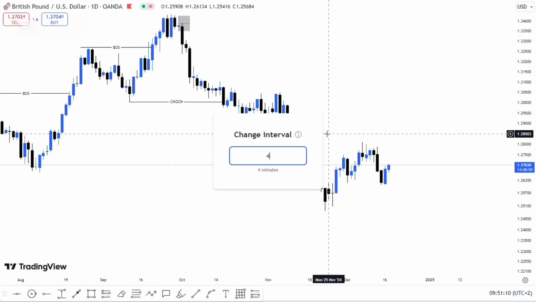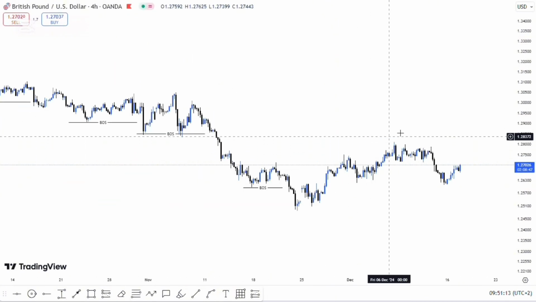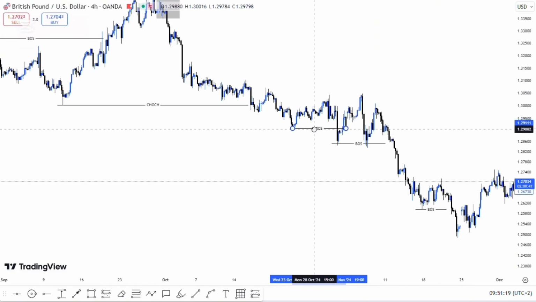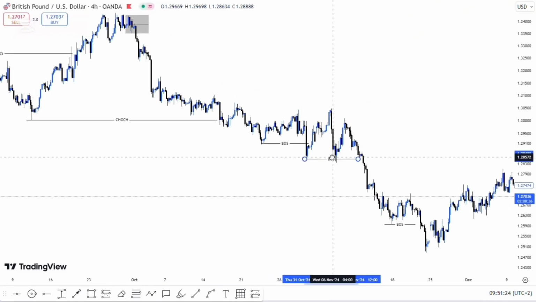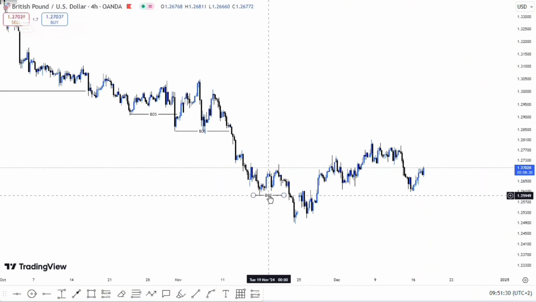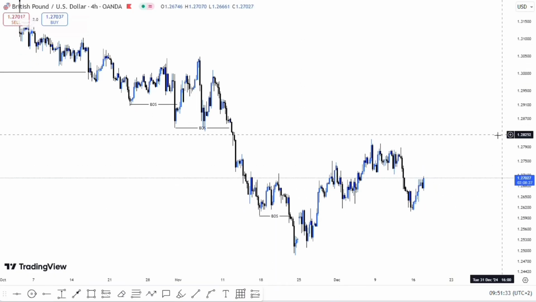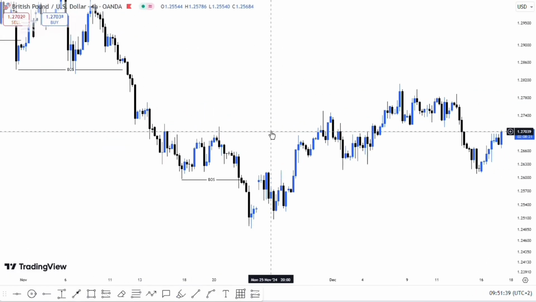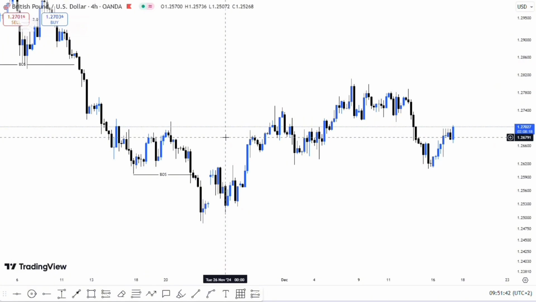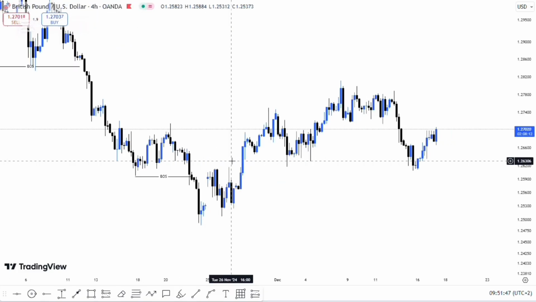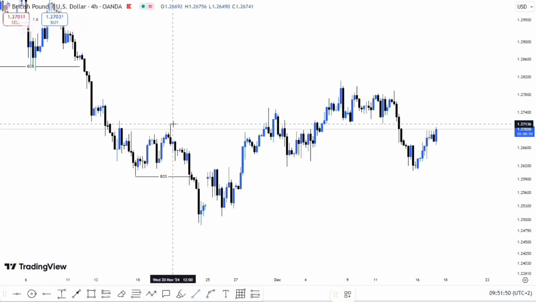So let's move down to the 4-hour time frame to get a clearer chart on what's really happening in a smaller time frame. This is our middle time frame. As you can see, looking at the last break of structure way to the downside, again price decided to change the trend.